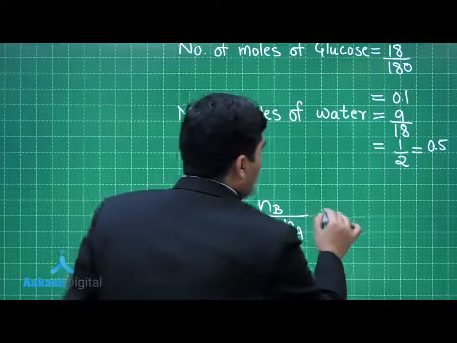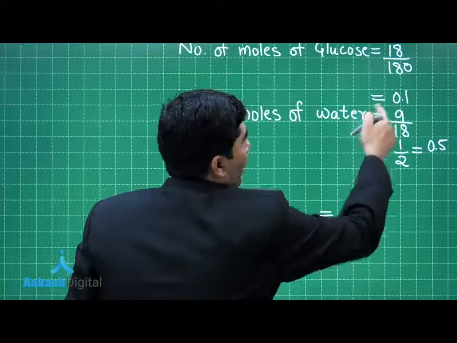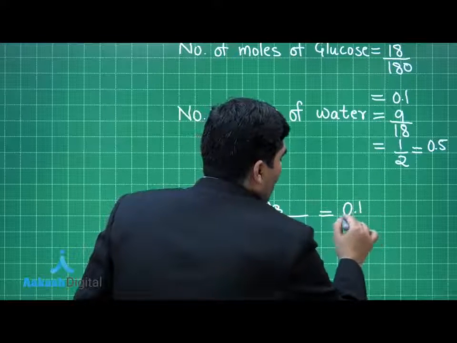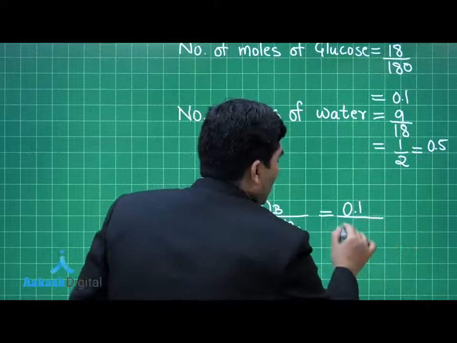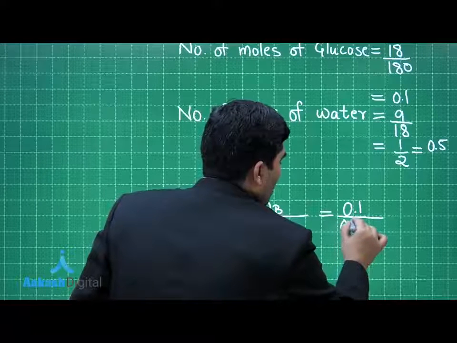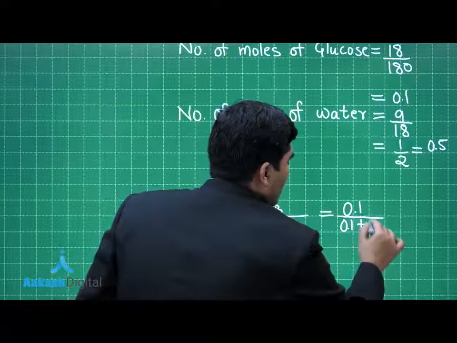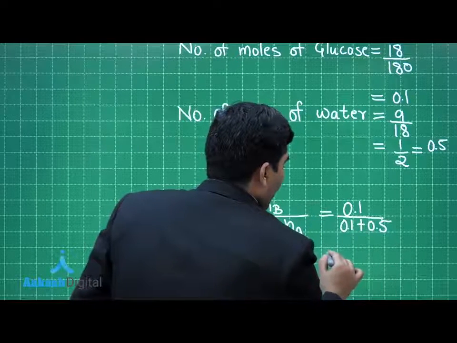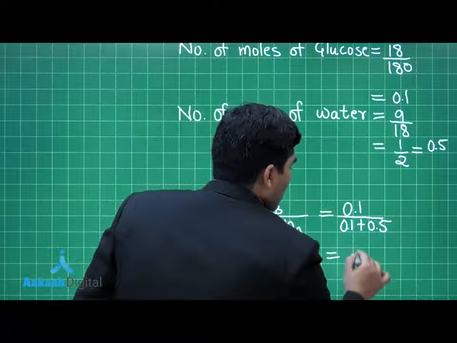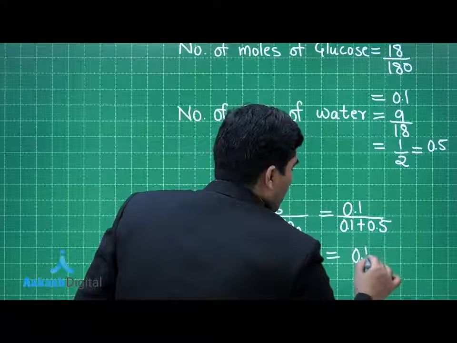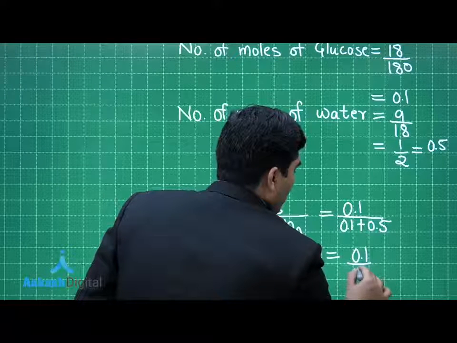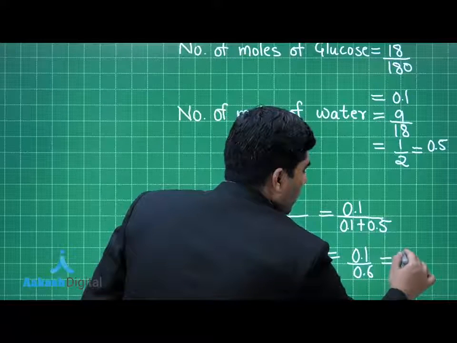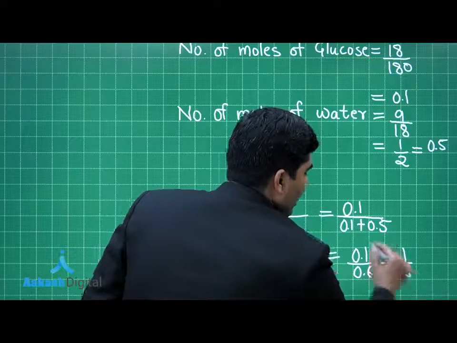Nb is 0.1, divided by 0.1 plus 0.5, which is 0.6, and that is equal to 1 by 6.